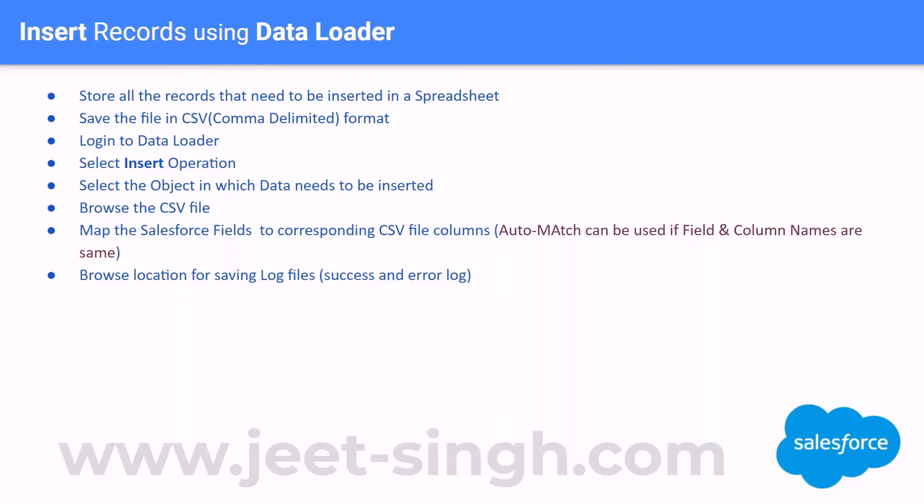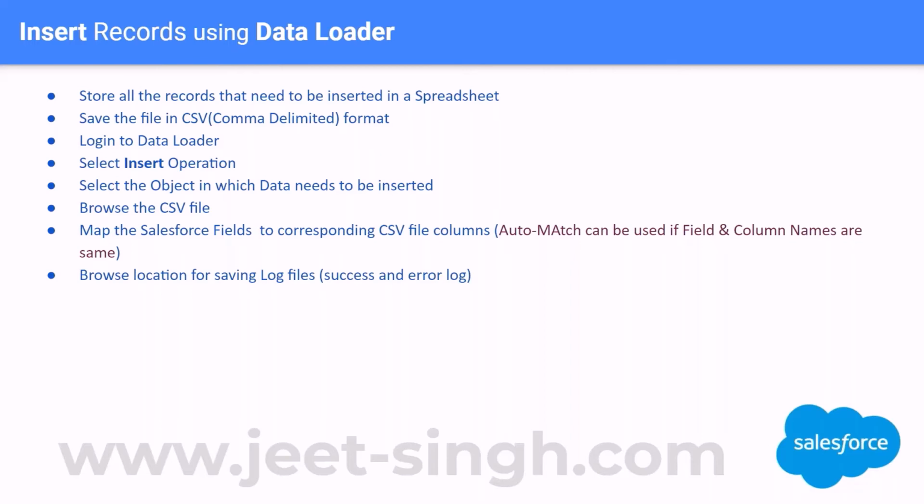Log files are basically the files which will store success and error records. Say I am processing 1000 records, out of 1000 records 900 records got processed successfully without an error, and 100 records were not processed.